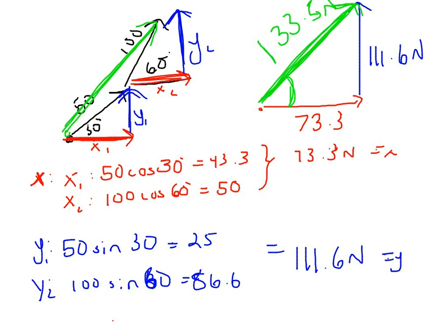If I wanted to get this angle over here, I could say that the tangent of the angle is the opposite side over the adjacent side. I use the arctan button, or the inverse tangent button, on my calculator, and I find out that this is an angle of 56.7 degrees. And we're done.